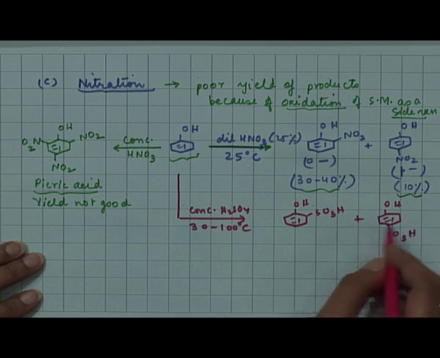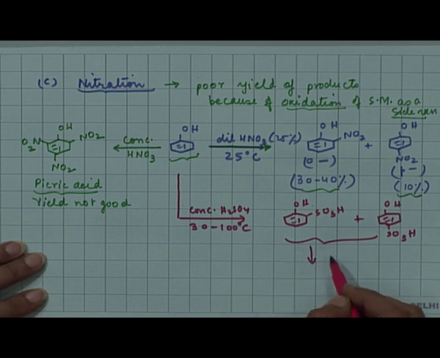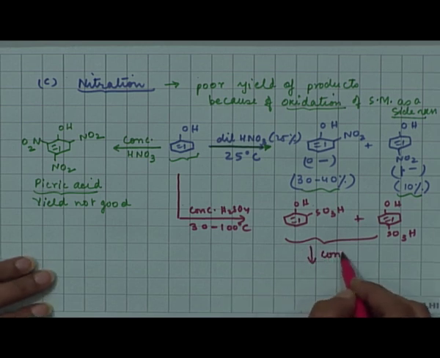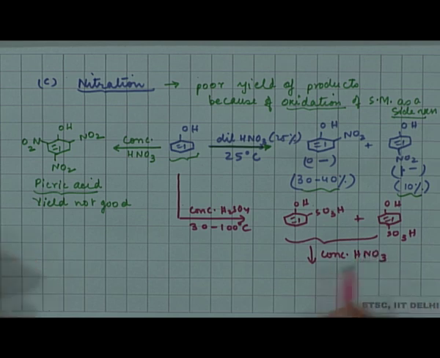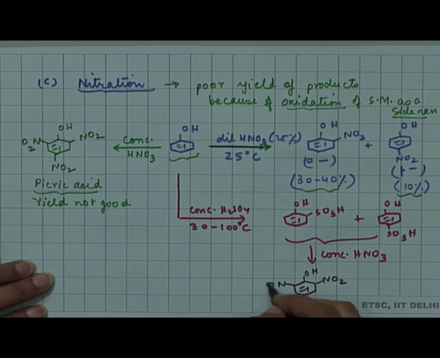So, when you get the mixture of this ortho and para, now you subject it to nitration. Okay. You treat this with concentrated HNO3, and when you subject it to nitration, here you get 2,4,6-trinitrophenol, that is the picric acid. So, here you get this in good yield.